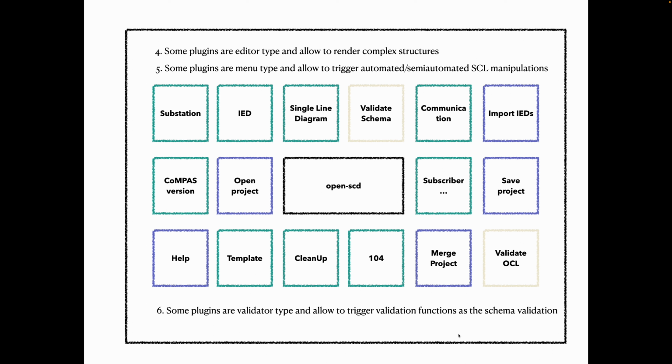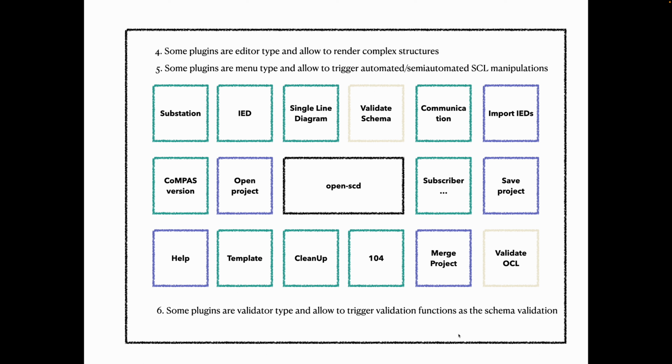Or you can validate against OCL rules, so-called OCL rules, that in the last times were added to cope with the fact that the schema cannot cover everything that the standard defines. Both the menu and the validator type plugin you can access by clicking on the menu bar and then clicking on the buttons there.